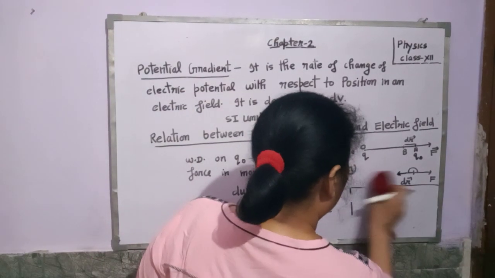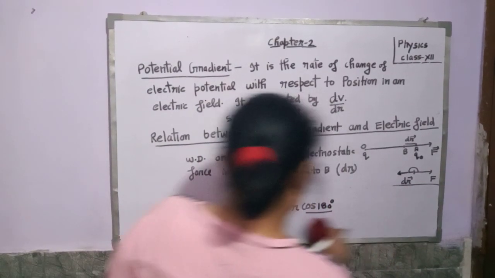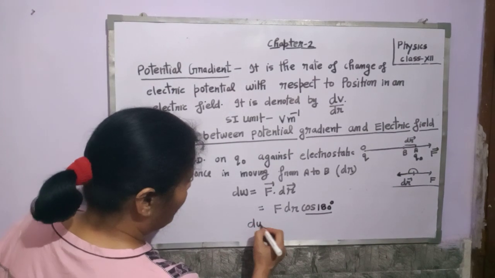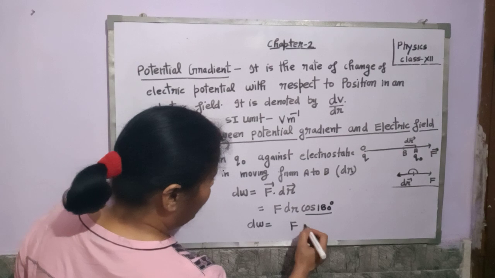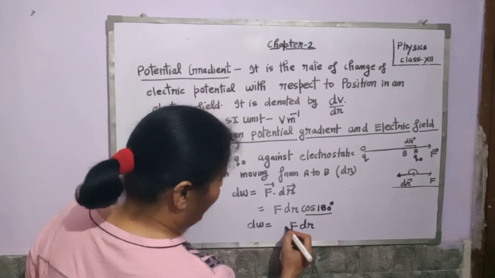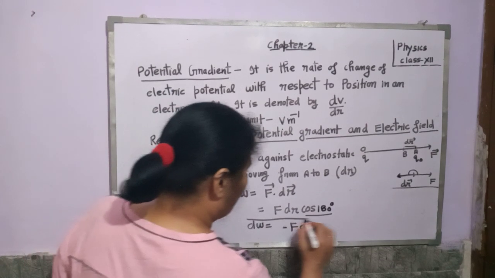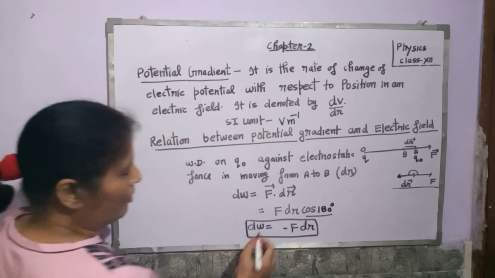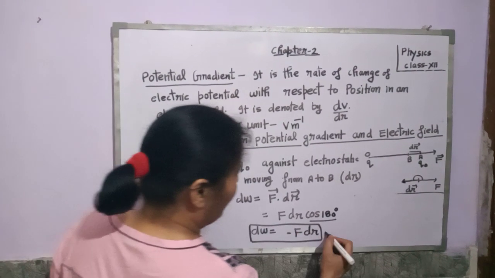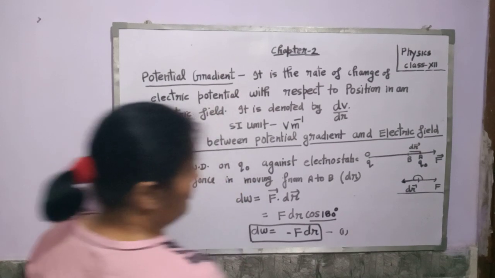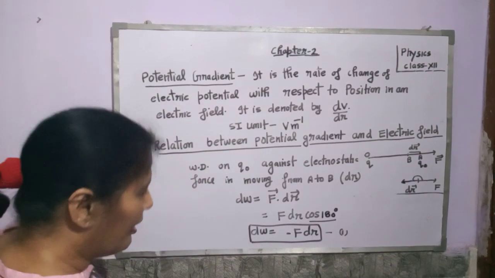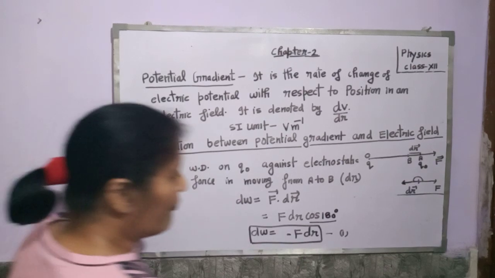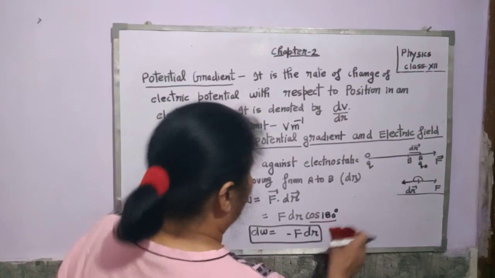So after substituting the value of cos 180, dW is equal to F dr, and this minus sign comes outside F. Now the value of work done is dW is equal to minus F dr. This is your equation number 1. You can put the value of F in terms of electric field and the charge also.